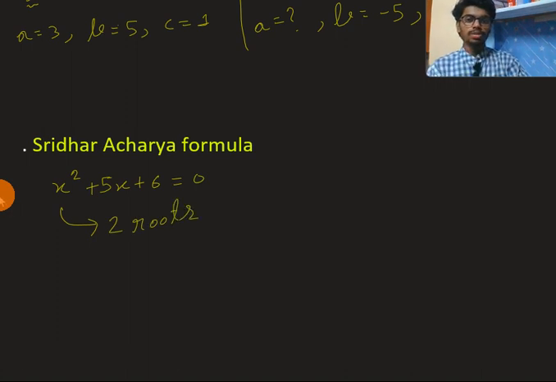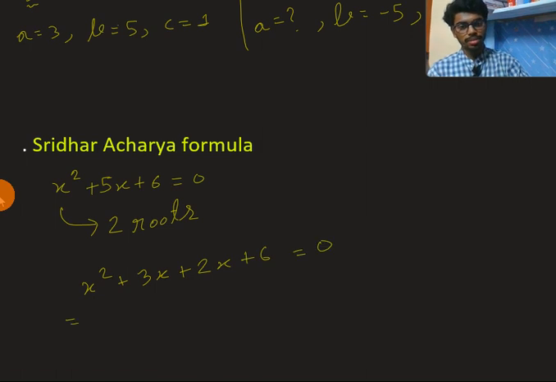To get the value of these two roots, we can do the middle term split if we can solve it. So I'm doing the middle term first, that is x square plus 3x plus 2x plus 6 equal to 0. That is x common, x plus 3, plus 2 common, x plus 3 equal to 0.